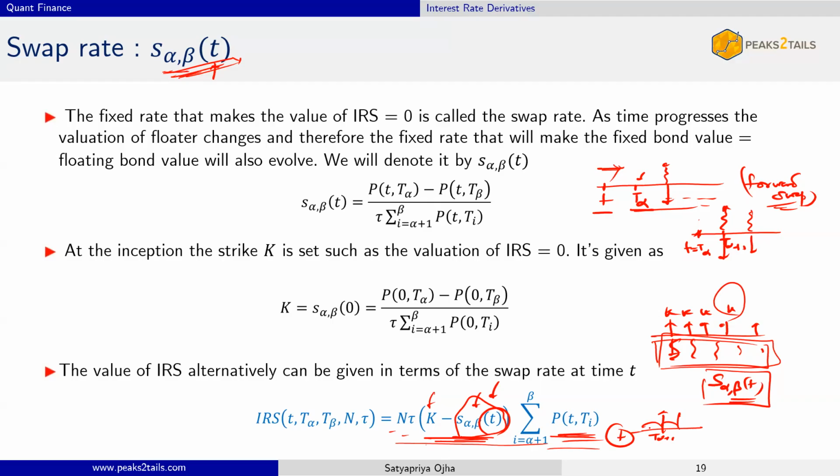Question from Riddle: what happens when fixed and floating flows are in different frequency? Oh, that's a great question. Then I cannot use this formula in this fashion, but I can use them separately. So the discounting factors will not be overlapping, but you can still do it.